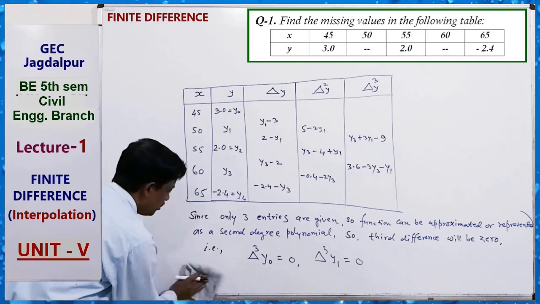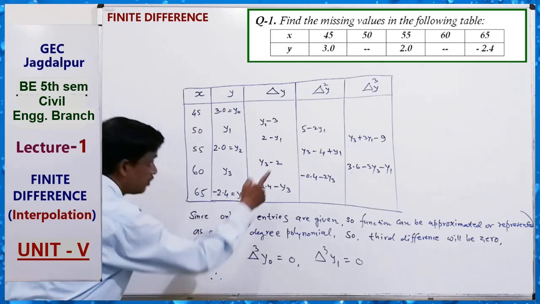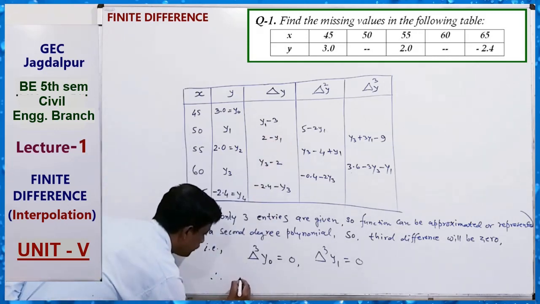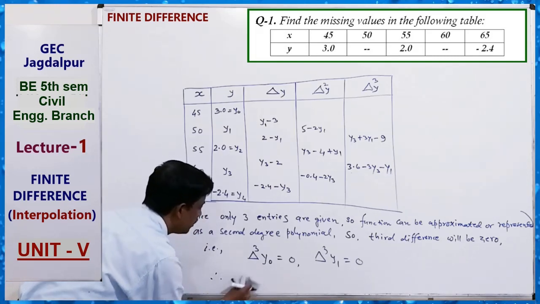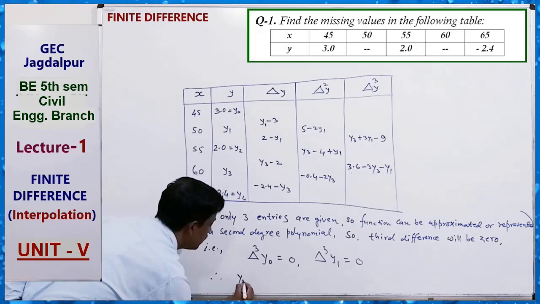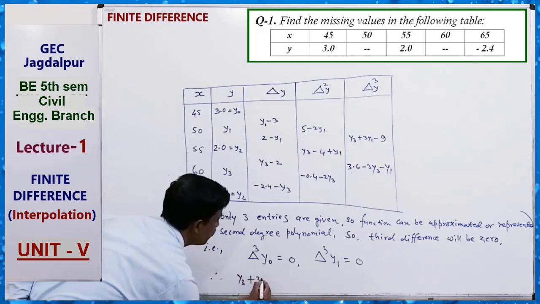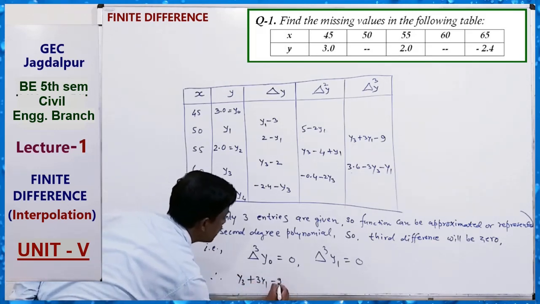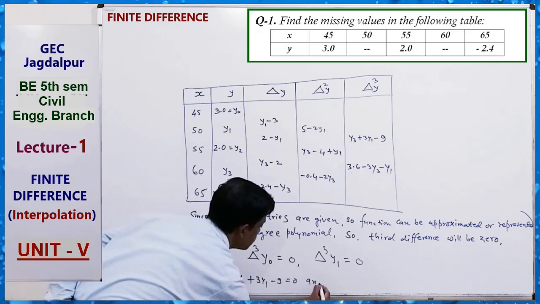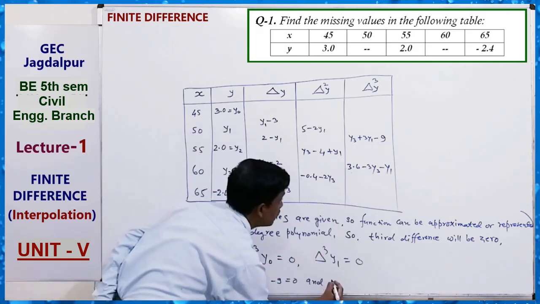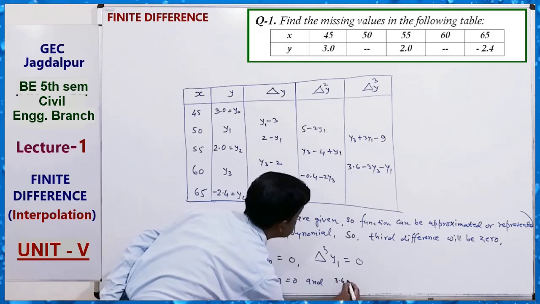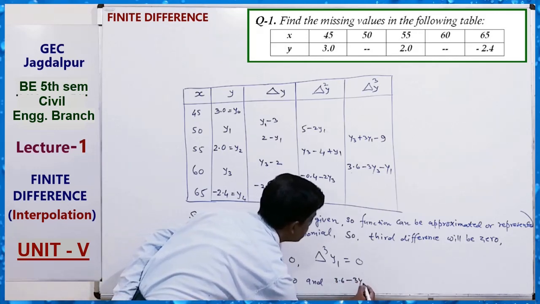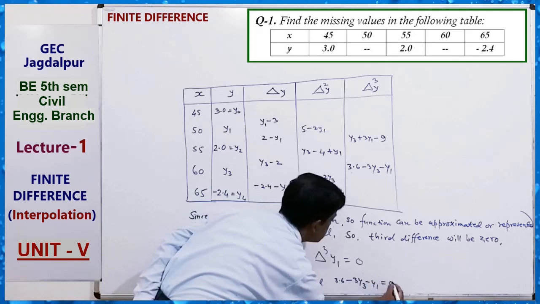Therefore, we can write y3 plus 3y1 minus 9 equals 0, and y1 (3.6) minus 3y3 minus y1 equals 0.